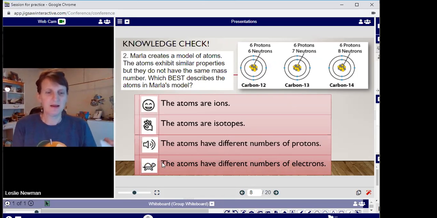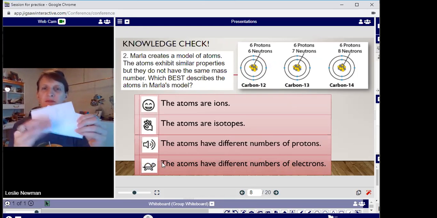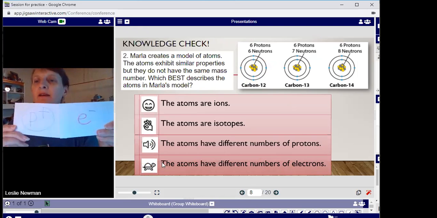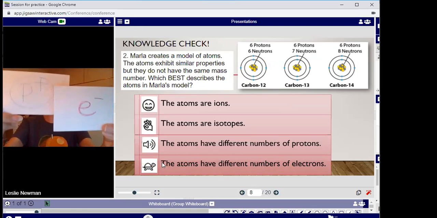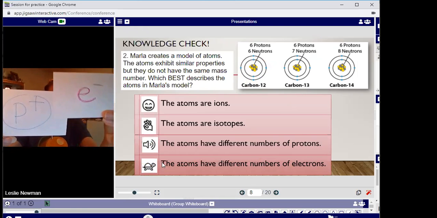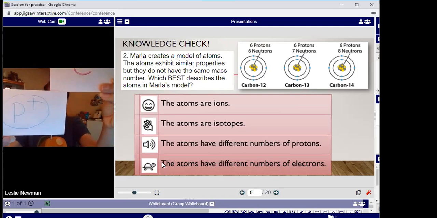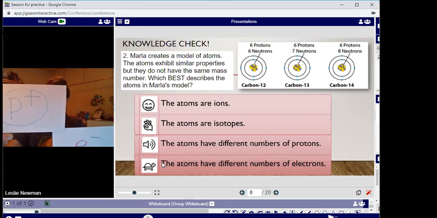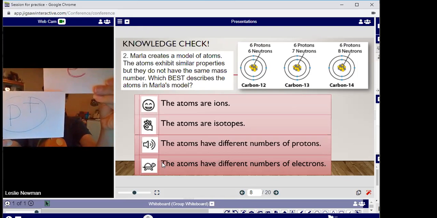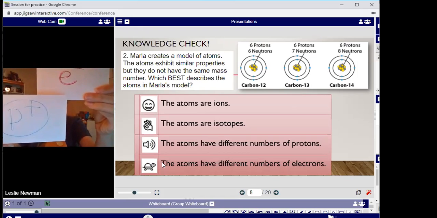As far as the smiley face, remember, to make an ion, when we have equal numbers of protons and electrons, the atom is neutral. To make an ion, you either have to add electrons or take electrons away. If you add electrons, you become a negative ion.